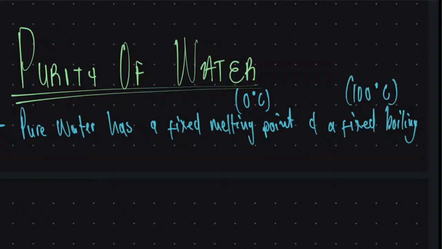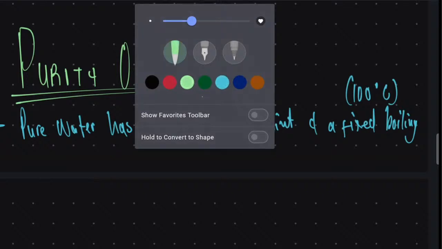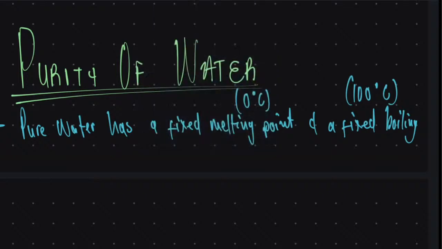Okay? So what you should just know is whenever we say something is pure, any pure substance, you should know it from today going on. Anything that is pure has a melting point that you know and a boiling point that you know. Once you start adding impurities, these begin to change.